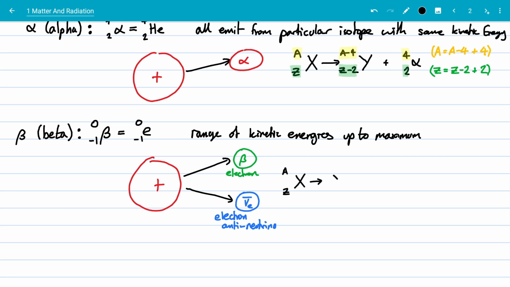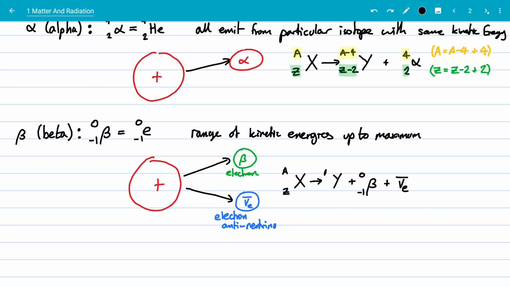That's going to decay into Y plus a beta particle, which we're labeling like this, but also an electron antineutrino. The bar over the top indicates it's an antimatter particle, but we'll do that in a later lesson. Don't worry, be patient. And we're not going to bother writing 0 and 0. They are there, but we don't need to bother with that. They're not really going to factor into our calculation.